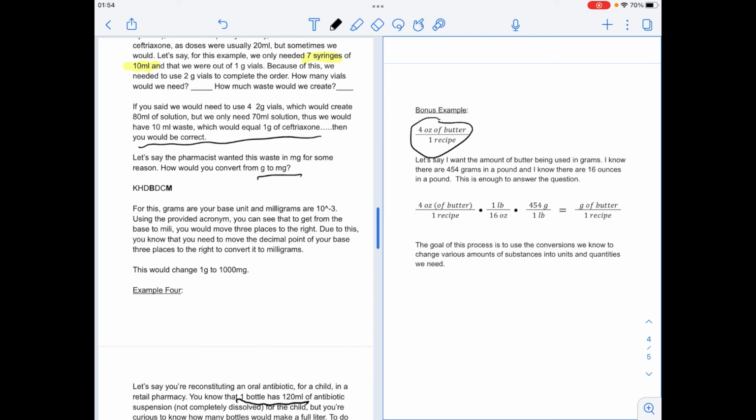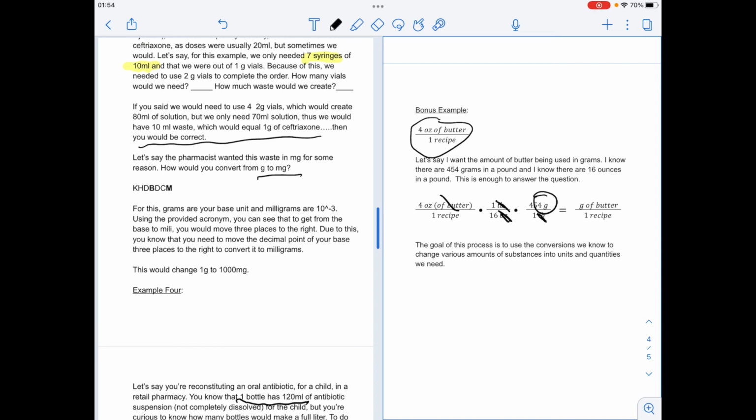So using those 2 different conversion factors, I can figure this out using dimensional analysis. So here we have ounces of butter that cancels with this ounce. So I'm left with pound right here. Pound cancels right here. So then I'm left with gram. And that's what we wanted to find.